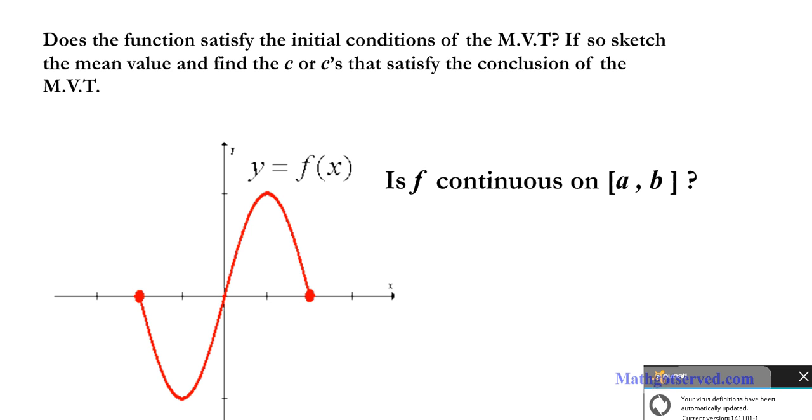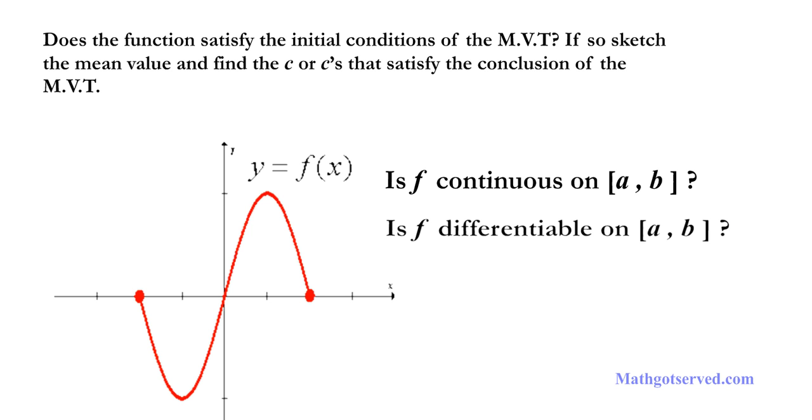Okay, so there are two tests that we're going to do since we have two initial conditions. Condition number 1 is continuity on the closed interval. So let's say this is a and this is b. Is the function continuous on AB? The answer is yes. There are no discontinuities of any sort.